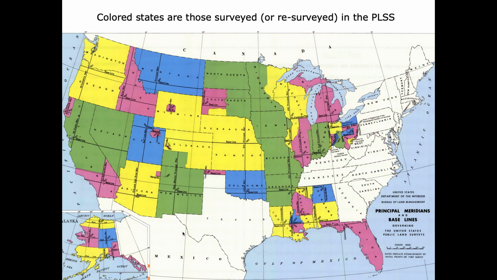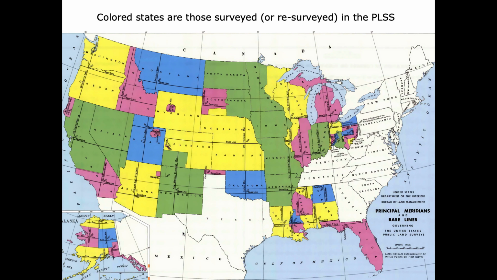So basically, everything in the Panhandle has a range east of the principal meridian. Trivia, okay?